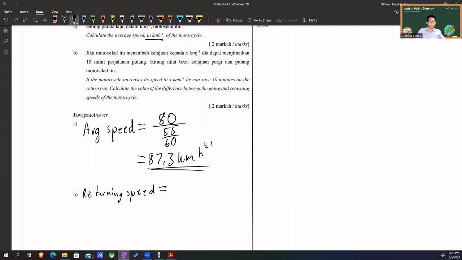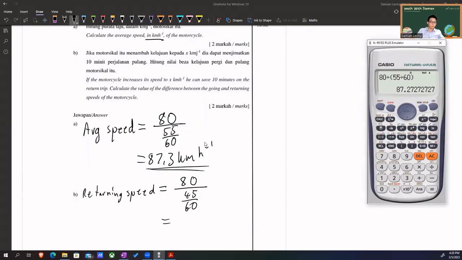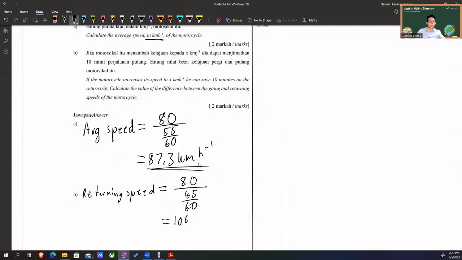Means the same distance, but instead of 55 minutes it is 45 minutes. So 45 over 60. 80 divide bracket 45 over 60. 106.67 km per hour.